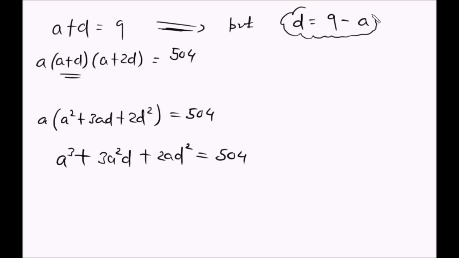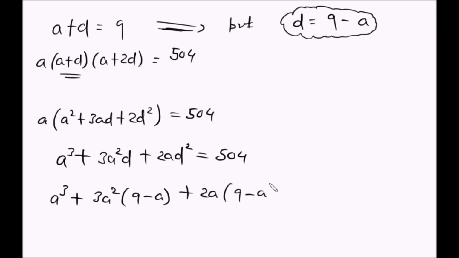So this 9 minus a I will substitute here, so it's just going to be a cubed plus 3a squared times 9 minus a plus 2a, where d is now 9 minus a, squared, equal to 504.